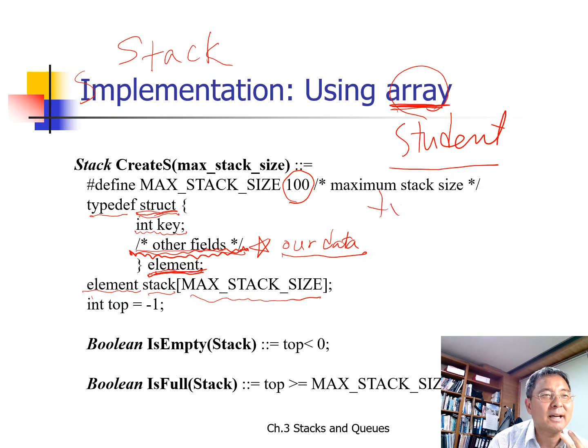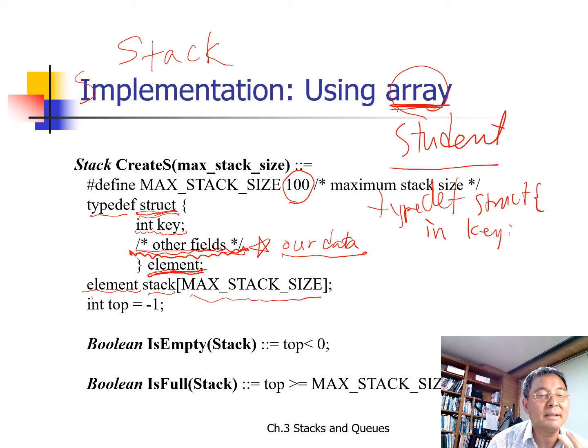Okay, so typedef structure is the same, and the member variable key is the same, but you can define many attributes of this student. So you can define name as character name of size 40. Okay, this is the other field in this definition.